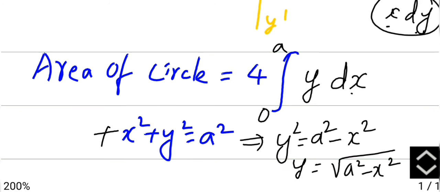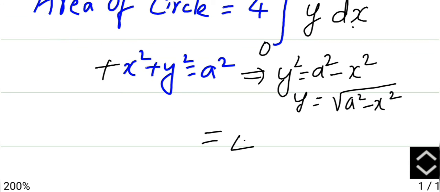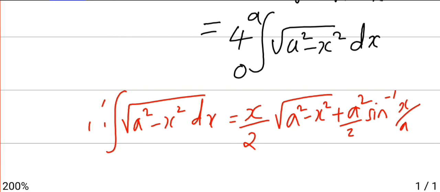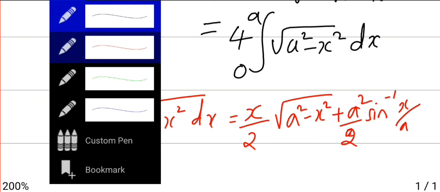So now substitute that in this formula, we get 4 times the integral from 0 to a of root of a square minus x square dx. The integral formula is x by 2 root of a square minus x square plus a square by 2 sine inverse of x by a.